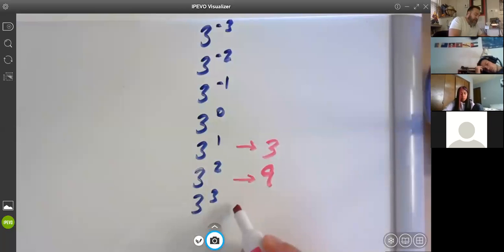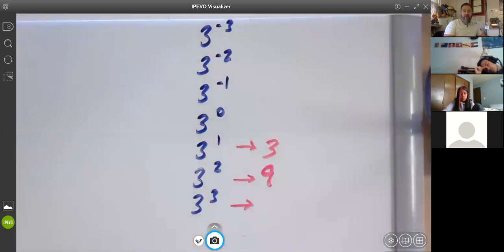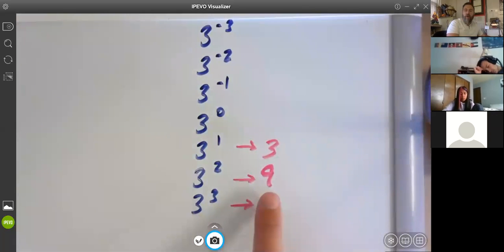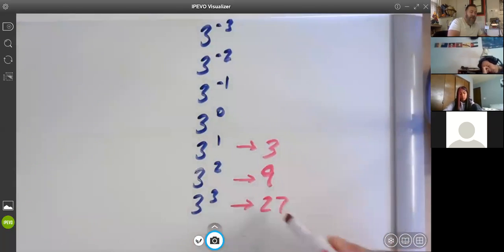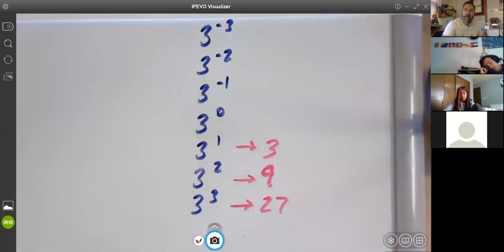And then this one is easily enough solved for. 3 cubed is just taking my previous value and multiplying it by 3 again. Or if you do it the long way, 3 times 3 times 3, you'll get this result of 27. These tend to be the ones that most people are comfortable with.